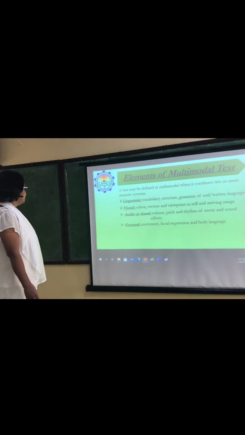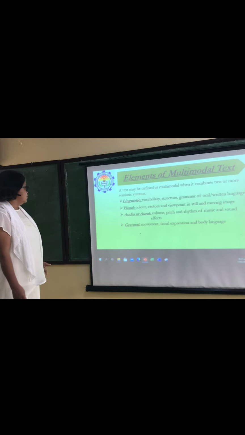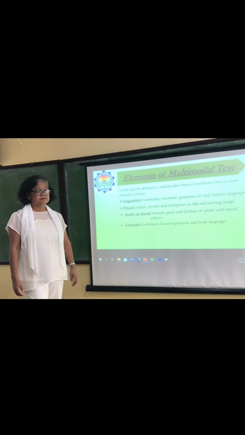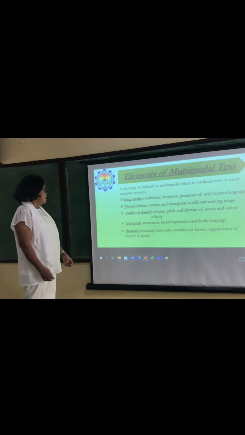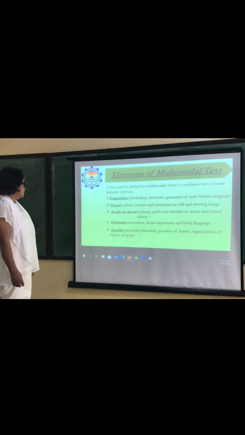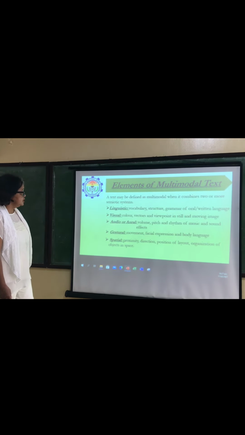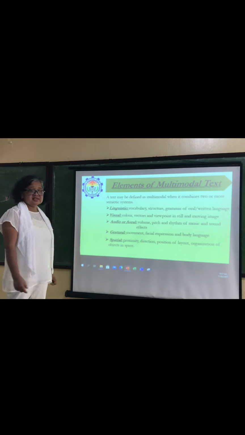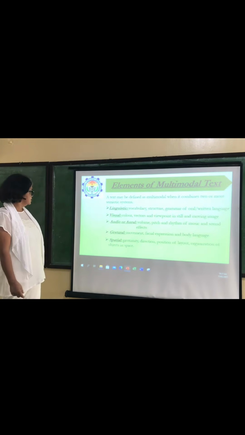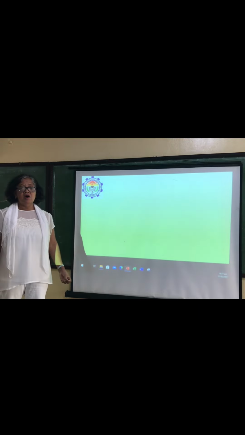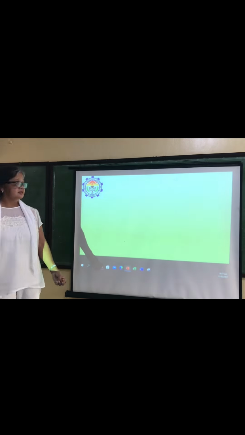Then we have the gestural: movement, facial expression, and body language. We have the spatial: proximity, direction, position of layout, organization of objects and space. Right? These are the elements of multimodal.